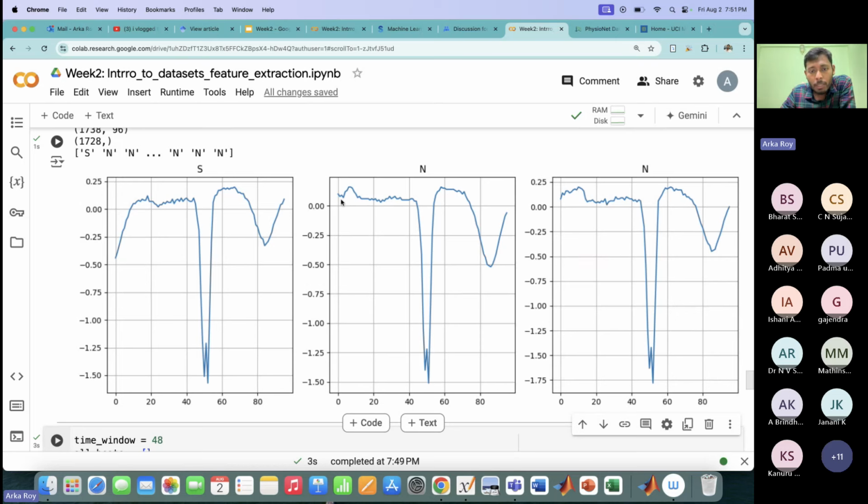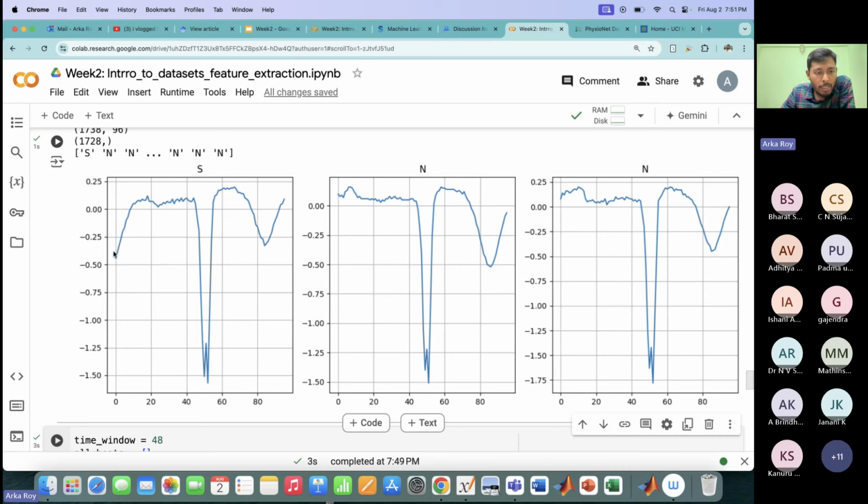For example, only the pattern changes. In these two cases, you have this kind of pattern, but the amplitude of this pattern is very low. If you start from this zero line, it could be hardly 0.2 or something. Over here also. Similarly, you may not have this peaky nature over here.